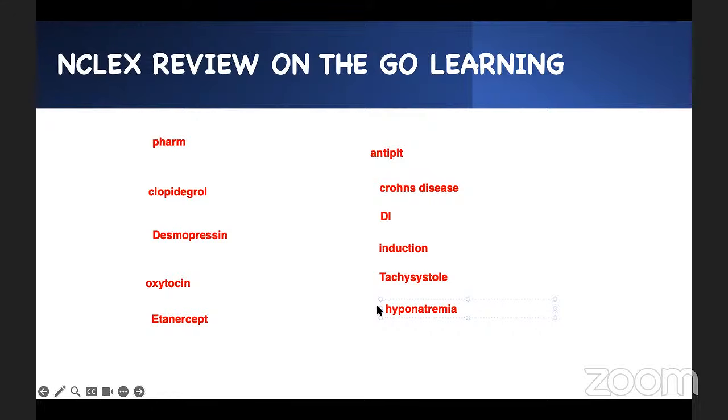Hyponatremia. Fluid retention. I see antihypertensive. I don't see antihypertensive there. Somebody said antidiuretic, right? Okay, I'll give it to you.